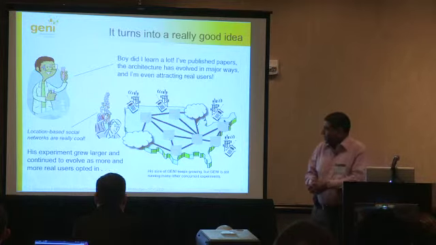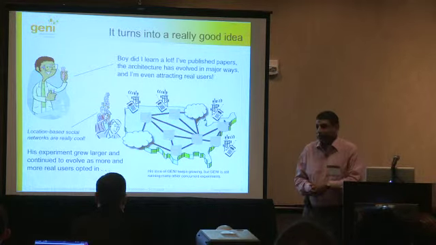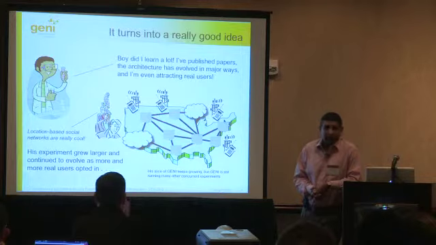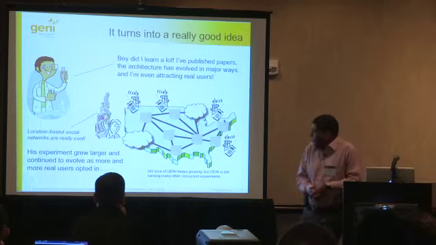And word gets around about this new cool service he has. People start using his service. They may not even know that it's a service running on GENI. All they know is, hey, here's this cool service that I can connect to from my computer or my smartphone. They try it.